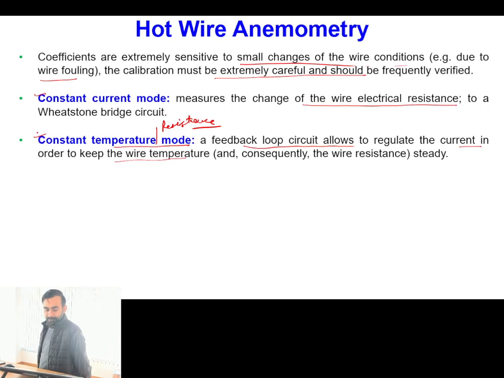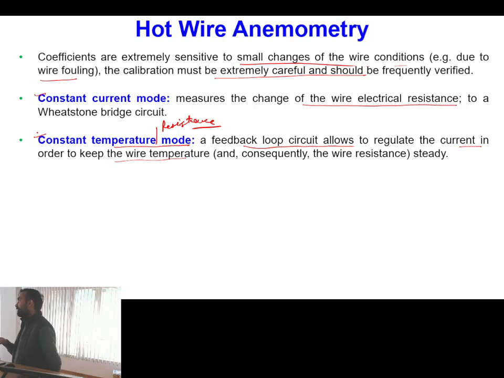In constant temperature mode, we have a feedback circuit which changes the current. So the temperature remains constant, but we have an electronic arrangement which changes the value of the current to maintain the temperature constant. Whereas in constant current mode, we have thermal inertia associated, which leads to changes in the resistance of the wire.